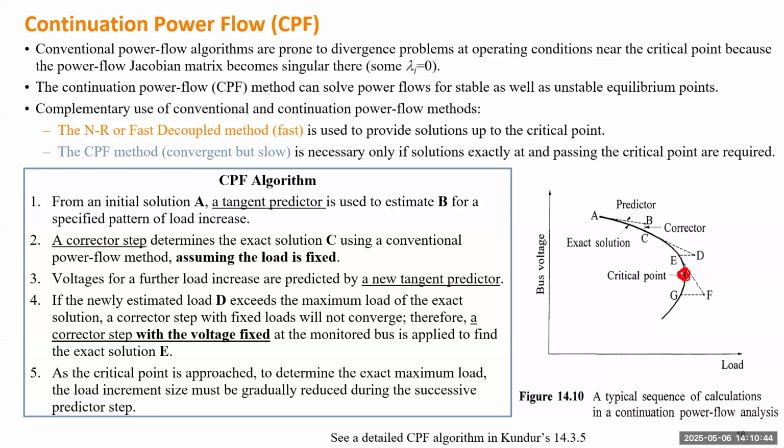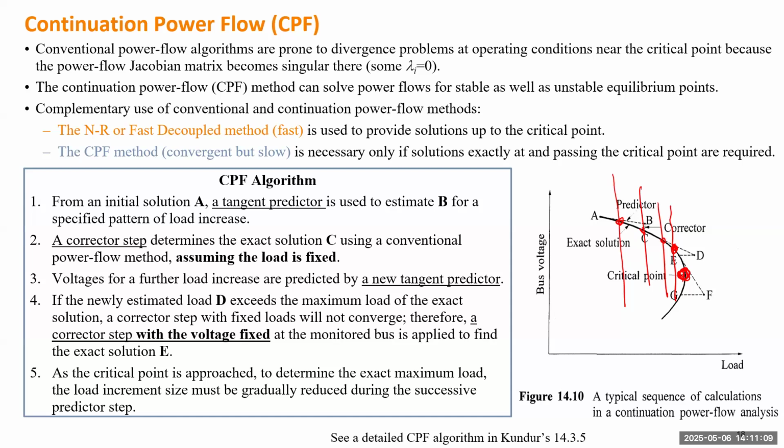Because if you don't have continuation power flow, let's say you use a constant power load model, here you can solve power flow, here you can solve, here you can solve, and here many power flow solvers will fail, even though you still have some distance. Some better software may help you get very close to the critical point, but most software will fail.